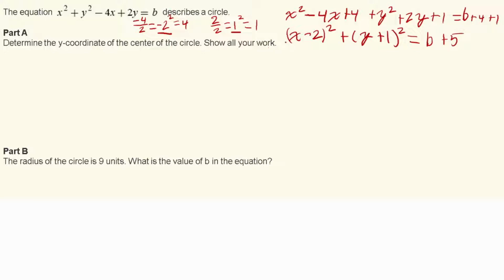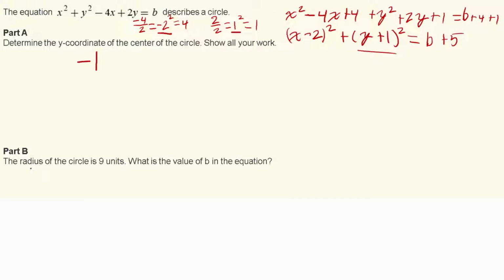Show all your work, which we did our work already. We just need to figure out my y coordinate, which is going to be here. The y coordinate is just going to be the opposite of this plus 1, which is going to be negative 1. And there's our answer. Nice and easy. This show all your work is already done. We did all that up here.